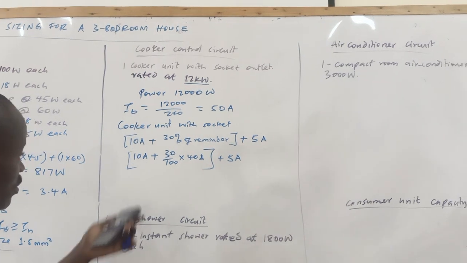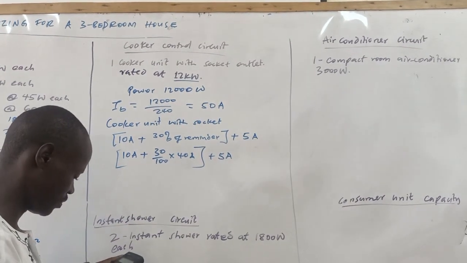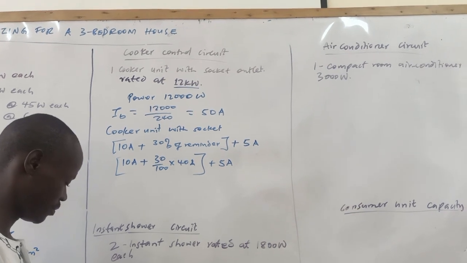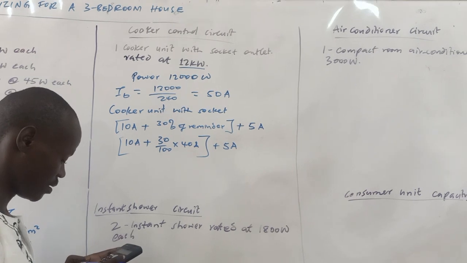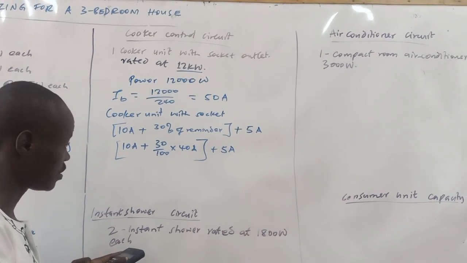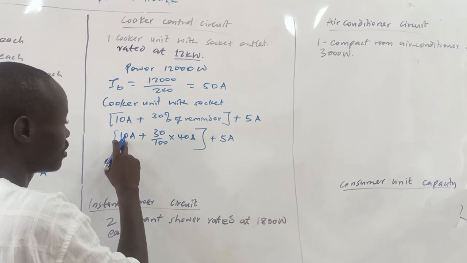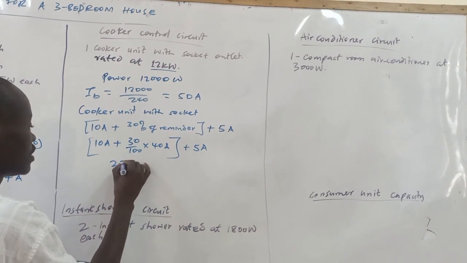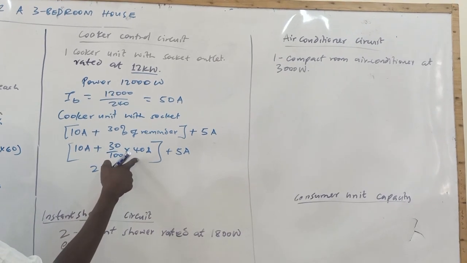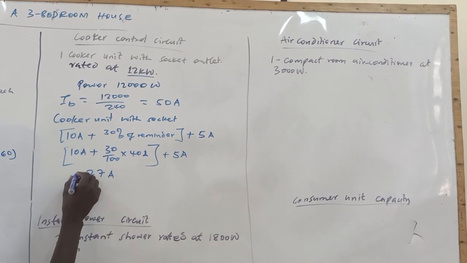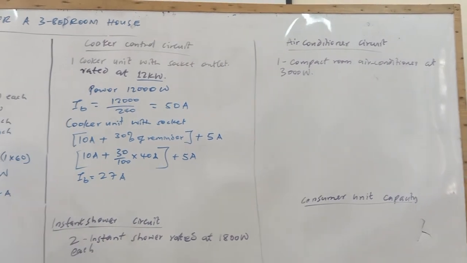So 30 over 100 times 40 will be 12. 12 added to 10 is 22, and 22 plus 5 is 27 amperes. So that's our diversified design current.